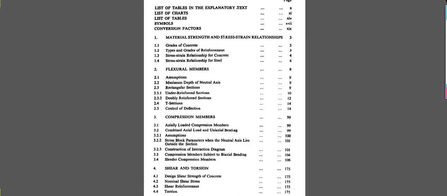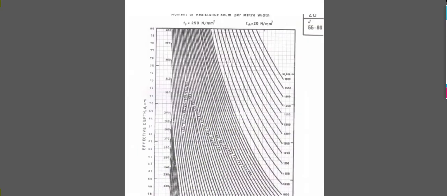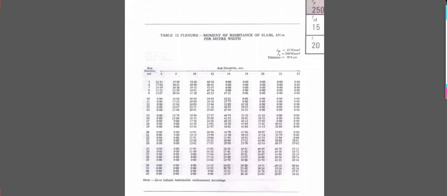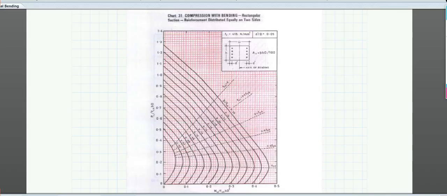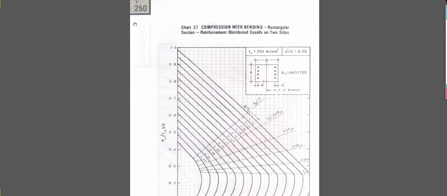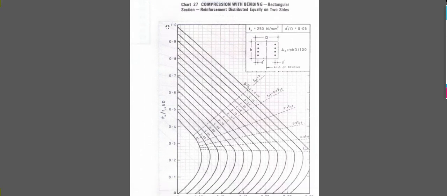You will find different charts and tables for different beams, columns, etc. And here, I told you about the column, we are designing for a column. This is for column section. One solution is also given. I see chart 27, compression with bending, rectangular section, reinforcement distributed equally on two sides.